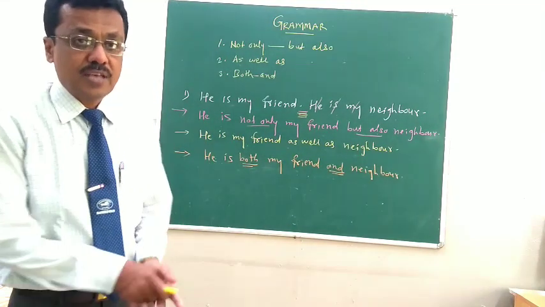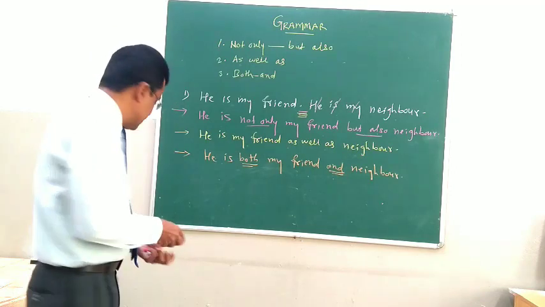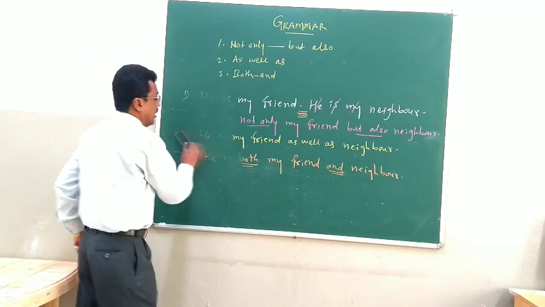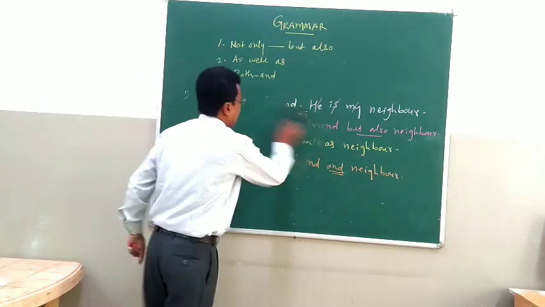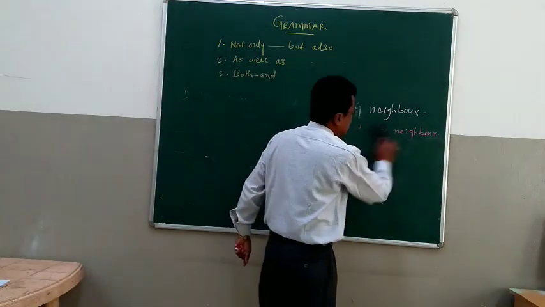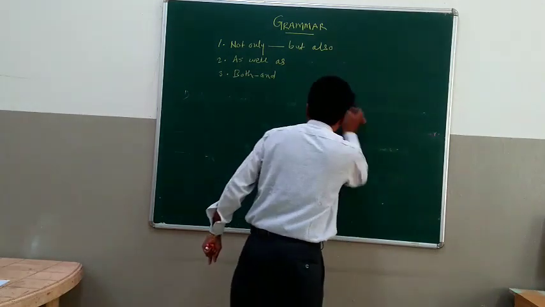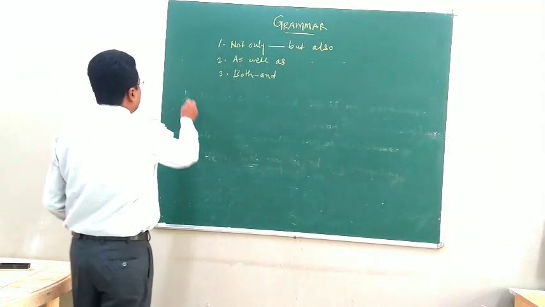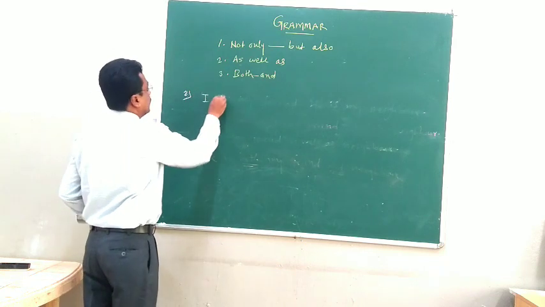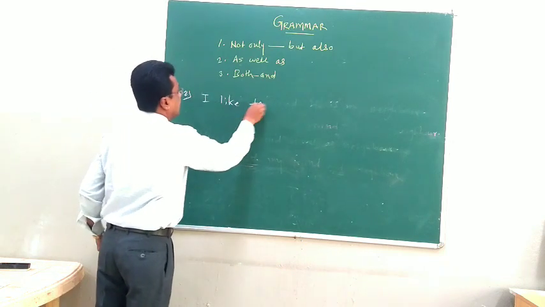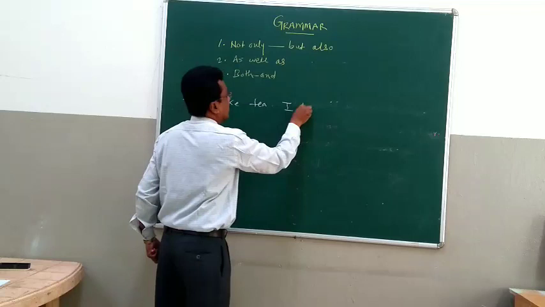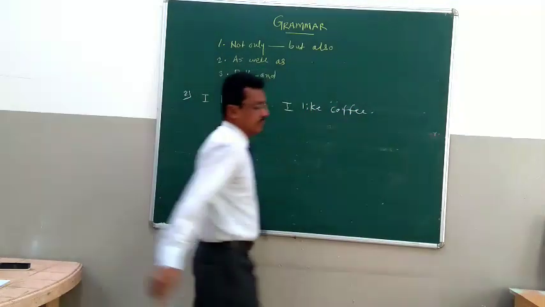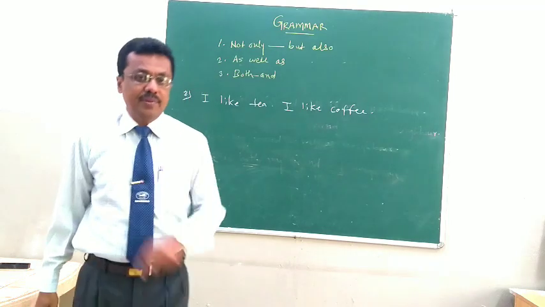So this is the first example. Now we will move to the second example of another sentence, and we have to make it with not only but also, as well as, and both and. Second example: I like tea. I like coffee. Again there are two sentences given.